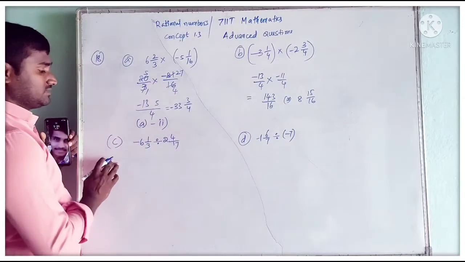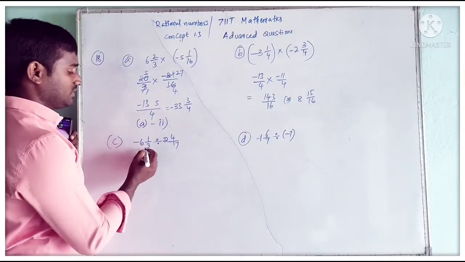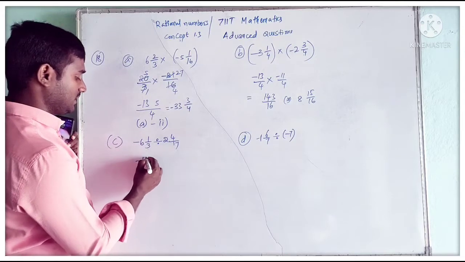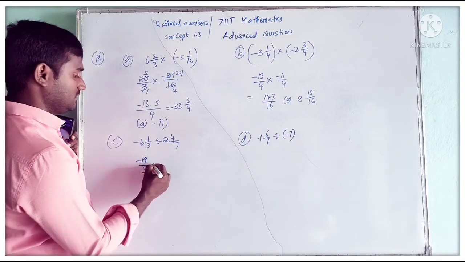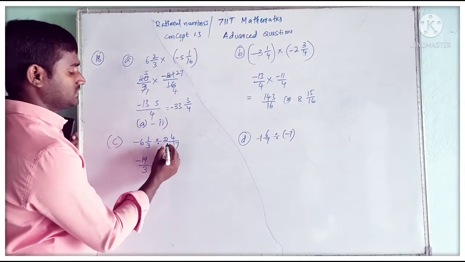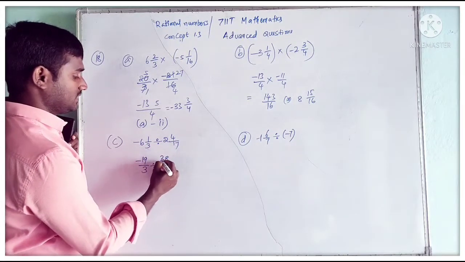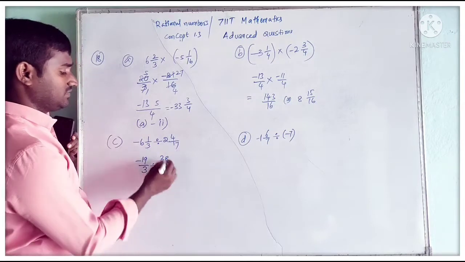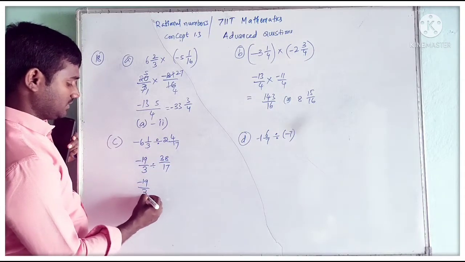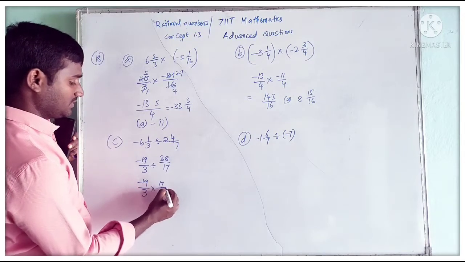Next, the third sum, C, we have minus 6 1 by 3. 3 sixes are 18, 18 plus 1, 19, minus 19 by 3, divided by 17 twos are 34, 34 plus 4, 38, 38 by 17. When we are dividing two rationals, we should take the reciprocal. Minus 19 by 3 into 17 by 38.